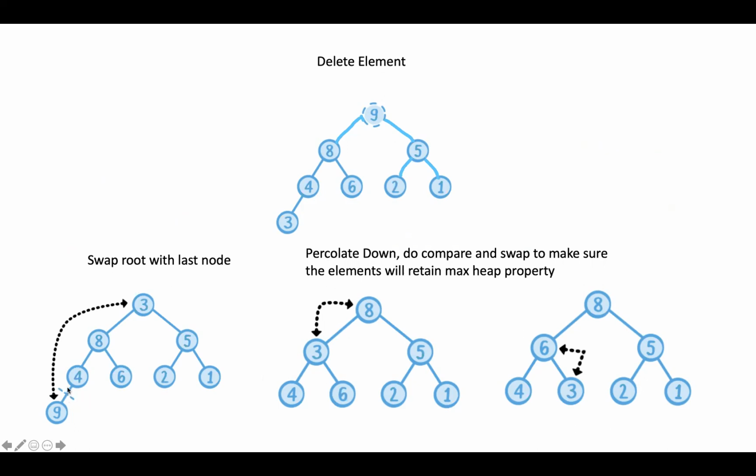If we remove 9, this will be my tree, which is a complete tree but does not fulfill the max heap criteria, because 3 is smaller than 8, which violates the max heap property that all parent nodes should have values greater than their child nodes. So after the delete operation, we have to check the root node and the child node, 3 and 8.